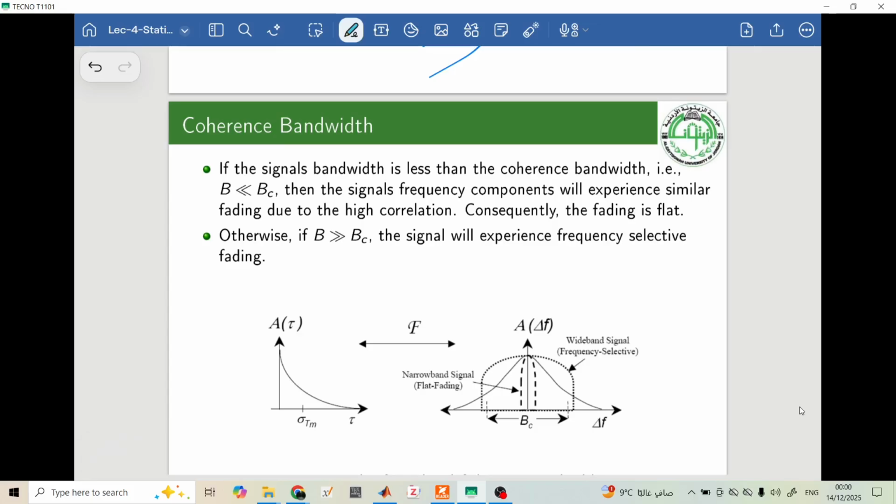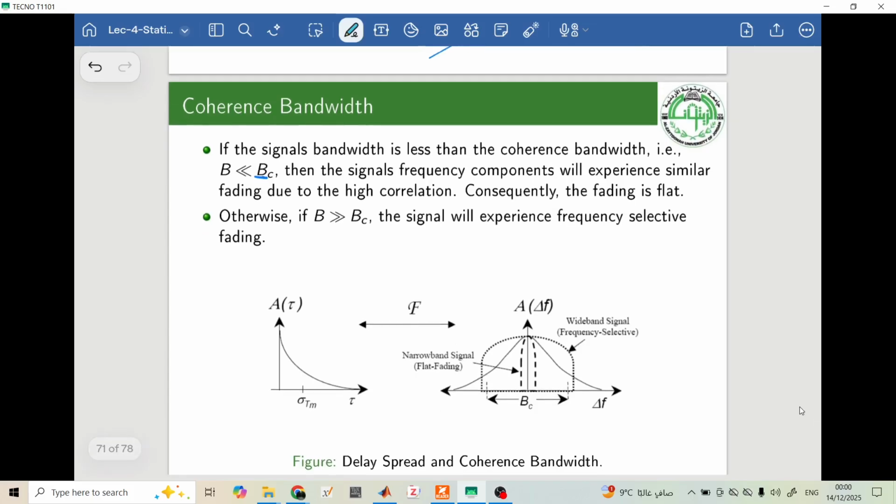Now if the signal or the pulse bandwidth is much smaller than the coherence bandwidth, this means that we have similar frequency powers, meaning that they have high correlation. Consequently, we have flat fading or again narrowband fading. Otherwise, we have frequency selective fading.